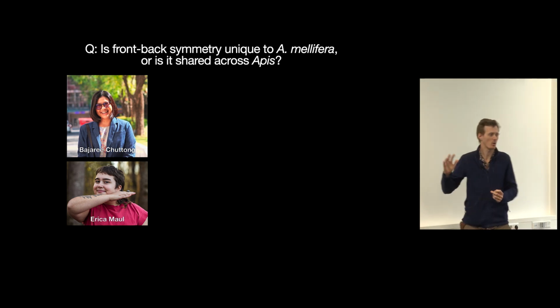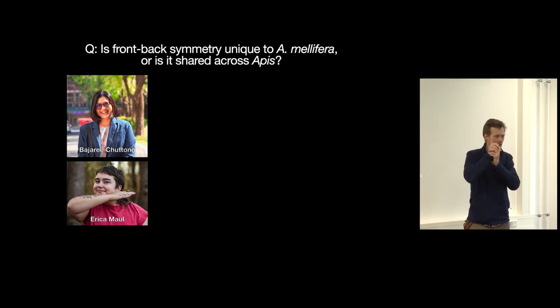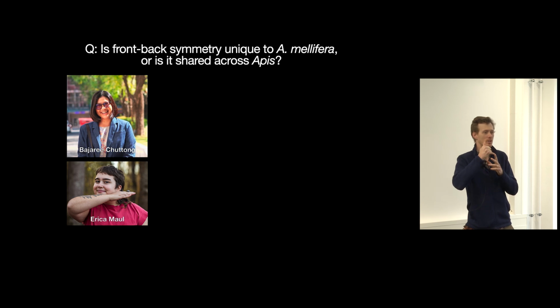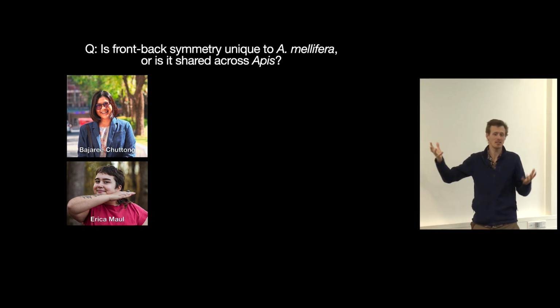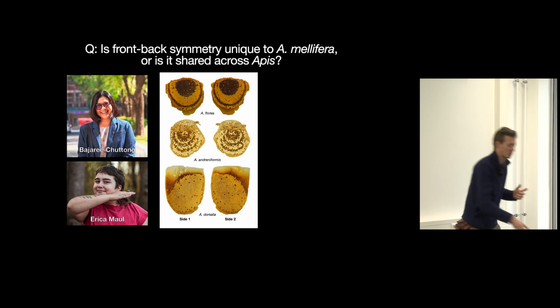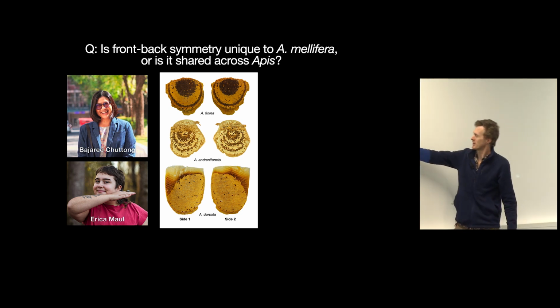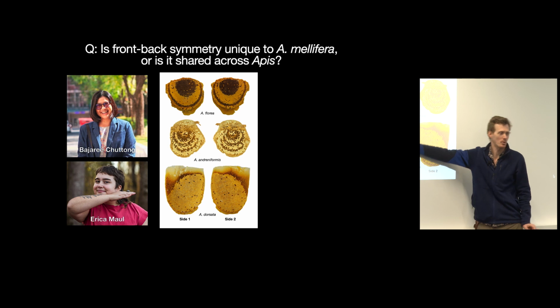And again, I felt like a horrible person because I was like, Bajari, can you give me some photographs, but I can't tell you why. And she's like, you are a weird guy. But she sent me these images that she had, of 3 different species of Apis. I'm first just going to show you the images so you can take a look for yourself. Just note that this capping that you see is the capped brood.